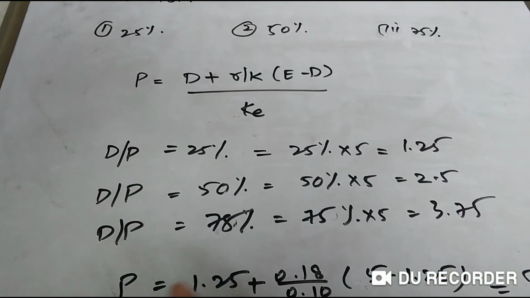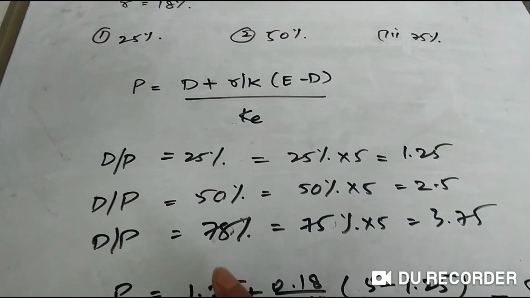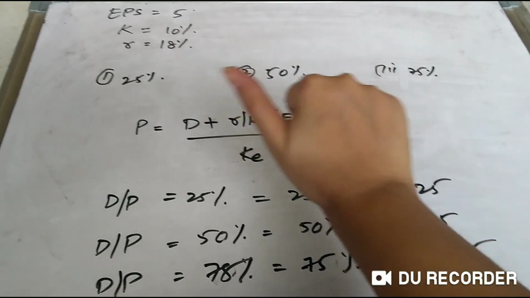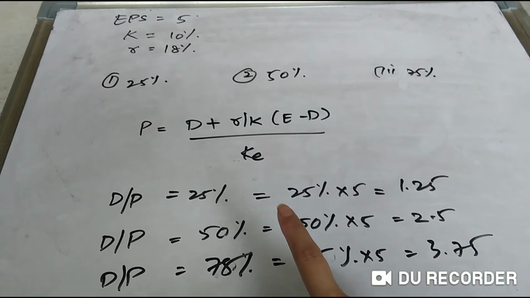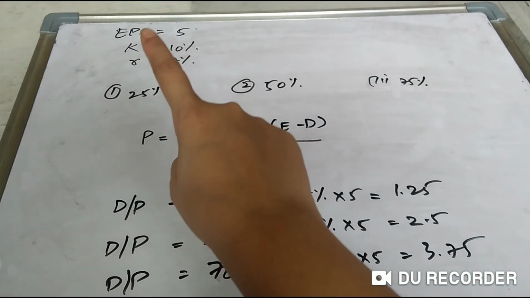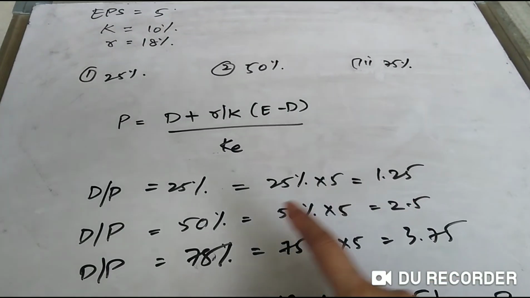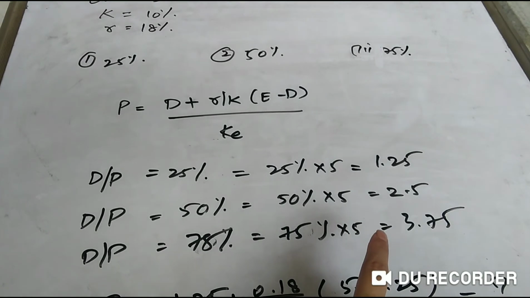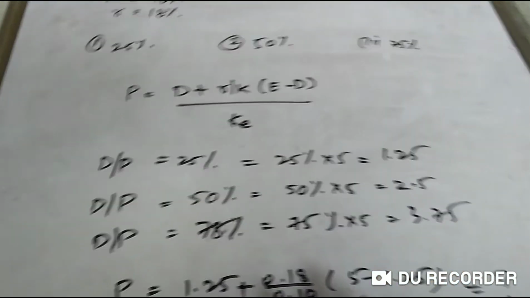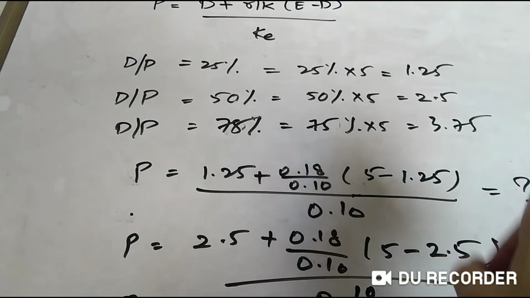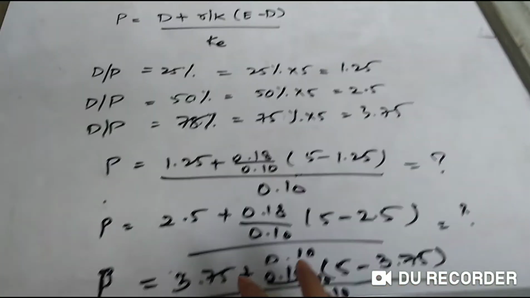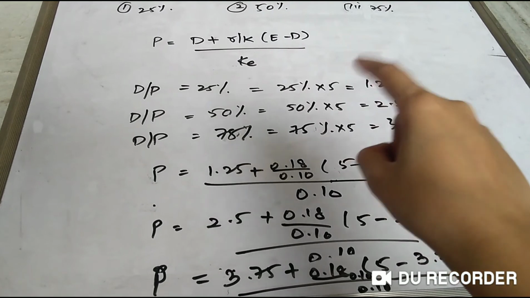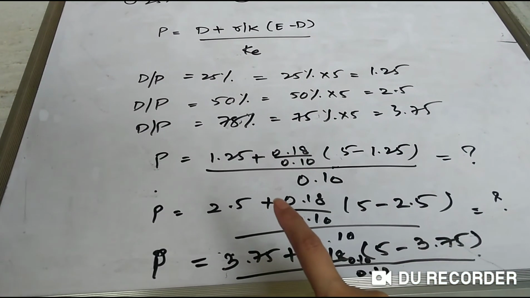Next, first we will do the first part, that is D. You will have 3 situations, so we have to find out how much it is. 25% of 5 is 1.25, 50% of 5 is 2.5, 75% of 5 is 3.75. Now you have to put all these into the formula. Very easy. P is equal to D plus R by K, E minus D divided by KE.